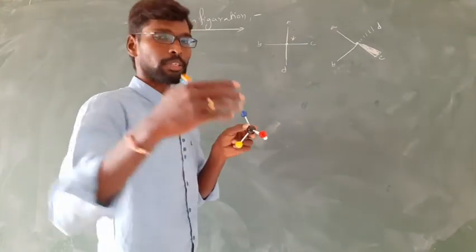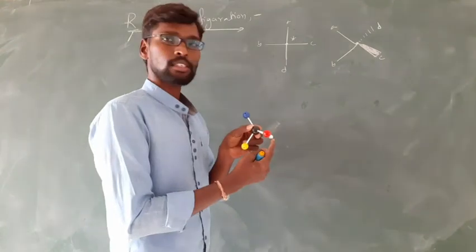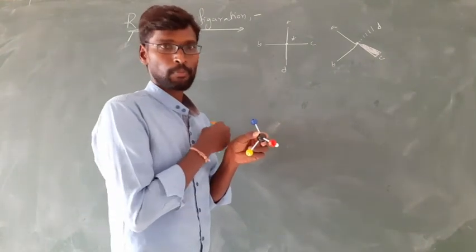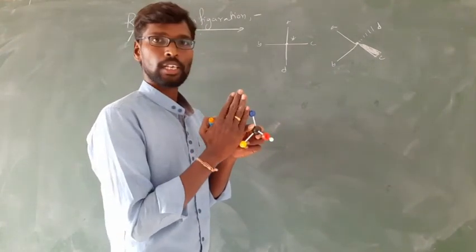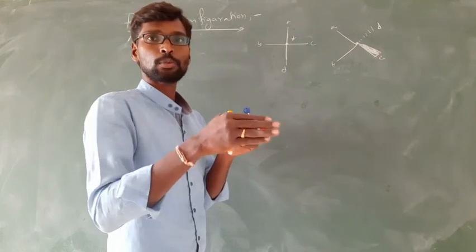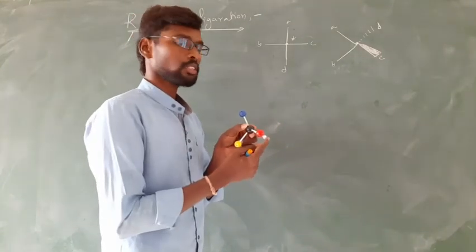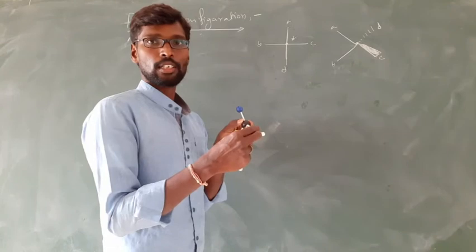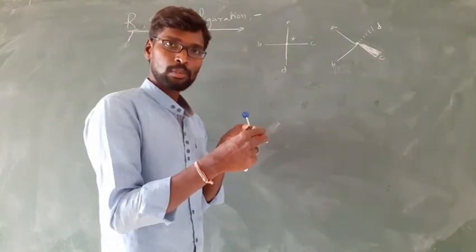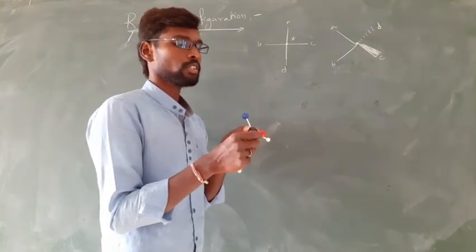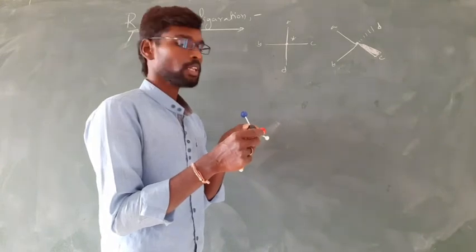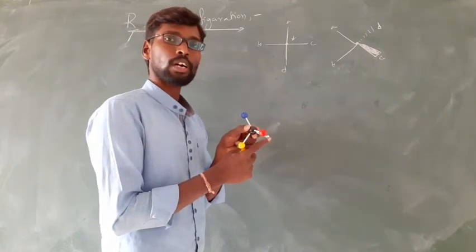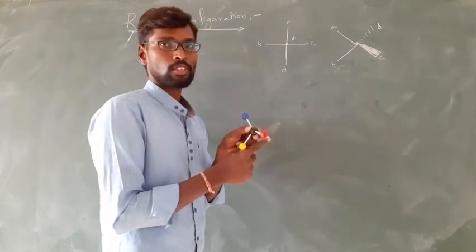That means from the observer, the dotted line is on the back side, and the blue, yellow, these two are in a plane, and the red is towards your observer. So what is near to the observer, we give with a thick line, and if any group is away from the observer, we give it with a dotted line.